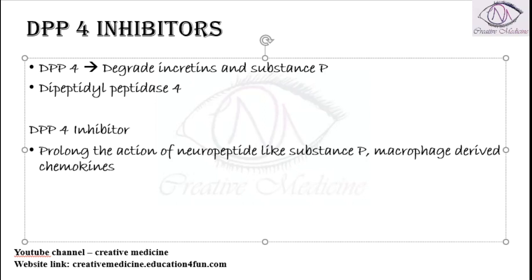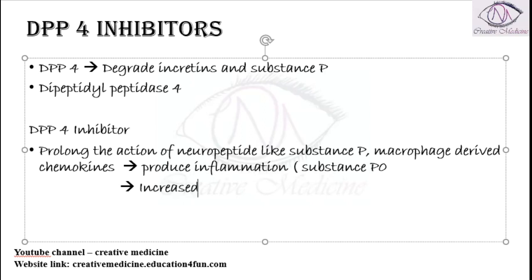Wherever substance P and macrophage derived chemokines are prolonged, these will produce inflammation, mainly because of the substance P. Substance P will result in inflammation, and these will also result in increased blood pressure. Why?